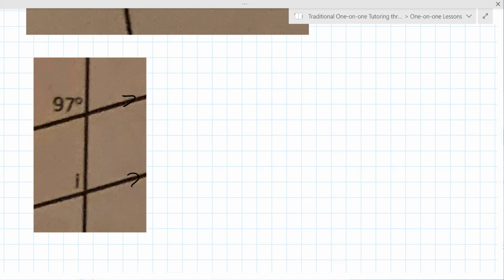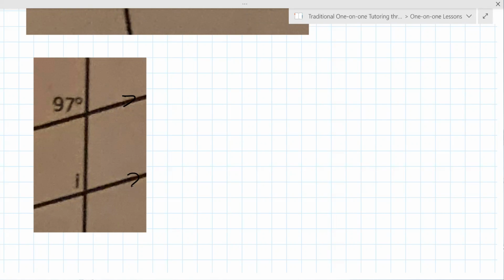So I don't need to use H with I. I'm using 97 in this scenario. There's something about when you've got parallel lines, because I know it has to equal 180.